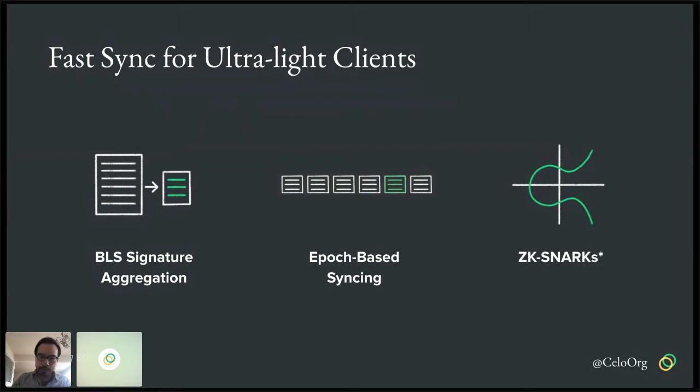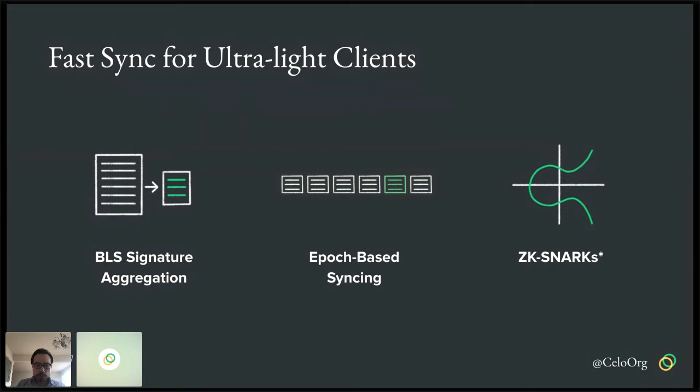Now, certainly downloading a header has much less data requirements than downloading the whole block, but still, having to download thousands or millions of headers is going to be expensive data usage wise, especially for our blockchain that has block times of 5 seconds. So the block rate for our blockchain is going to be much higher than Ethereum right now.